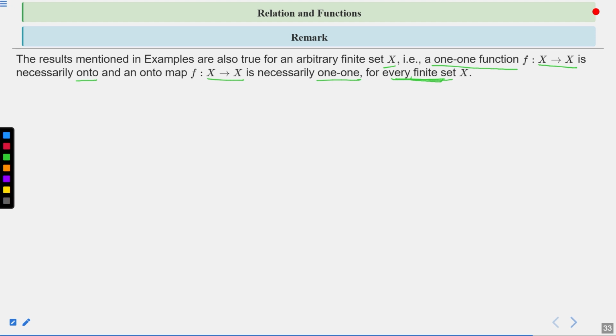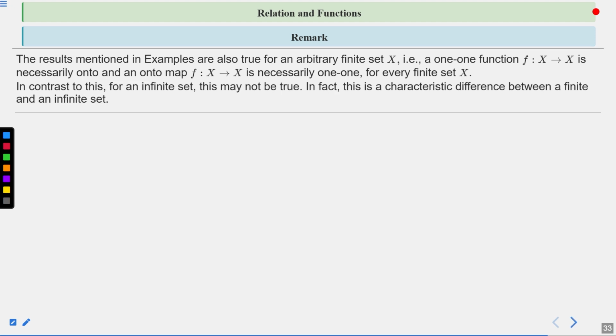So it is in general true in the context of finite sets. Clear? So in contrast to this, for an infinite set, this may not be true. In fact, this is a characteristic difference between a finite and infinite set. Clear?